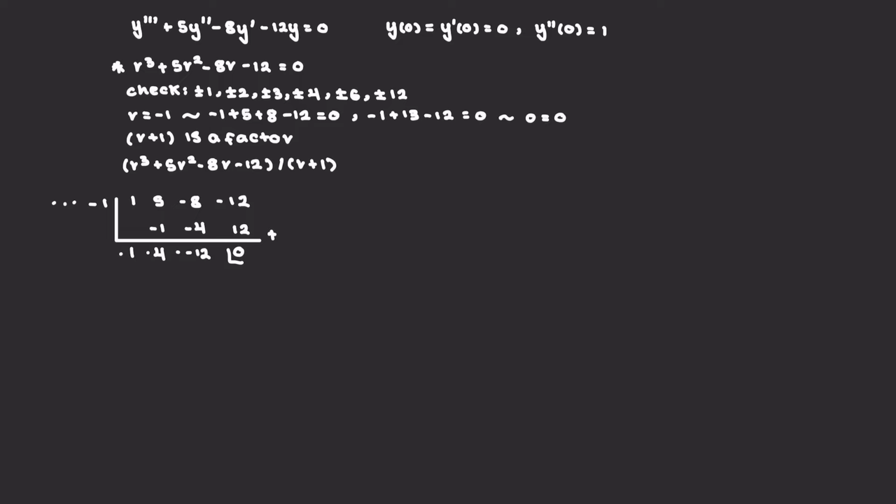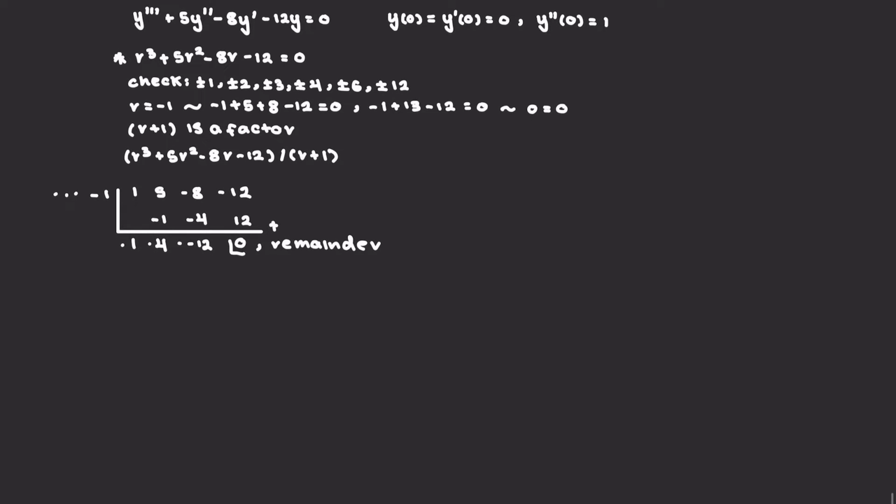If we get 0 in the remainder, that means we've done our Horner's method correctly. So our new characteristic polynomial will just be r squared plus 4r minus 12, and don't forget to multiply everything here by r plus 1 equals 0.